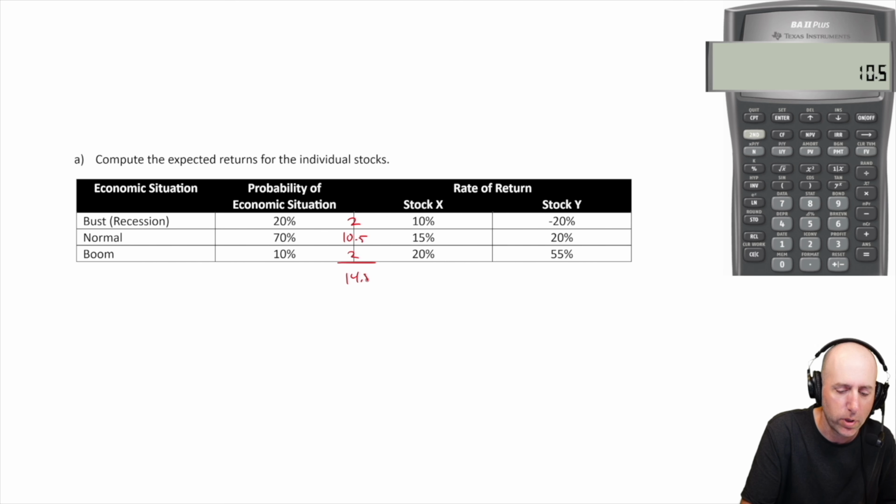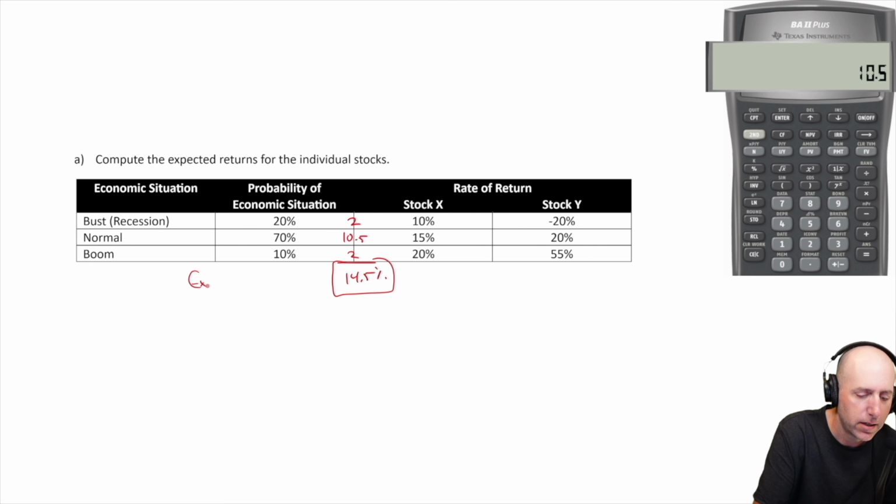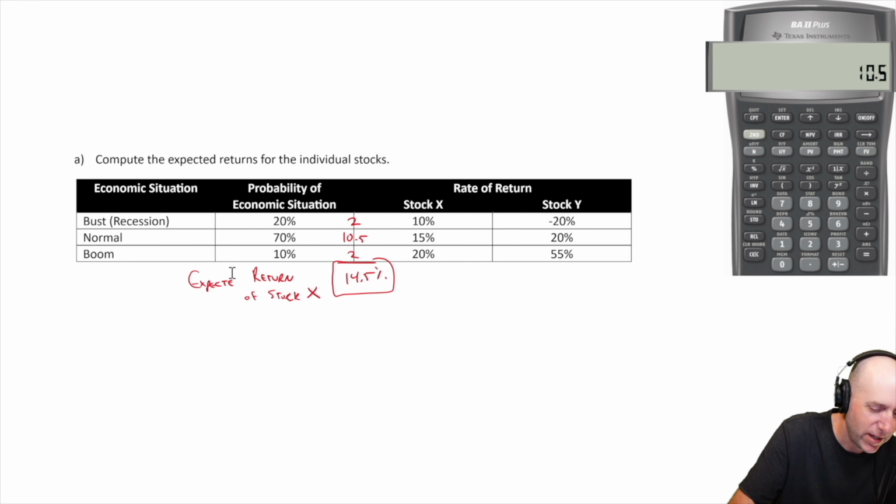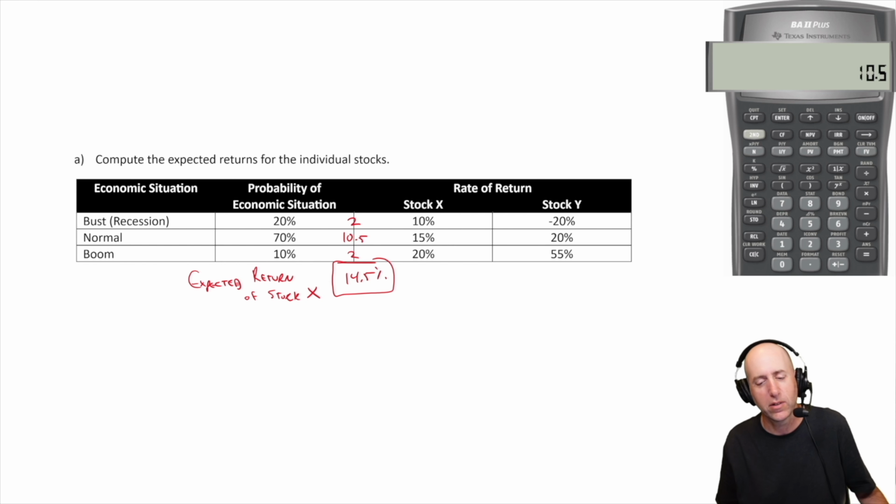So I get 14.5%. That is my expected return of stock X.